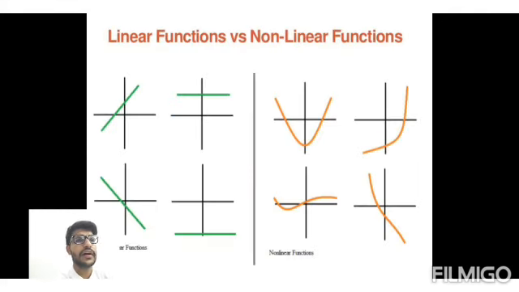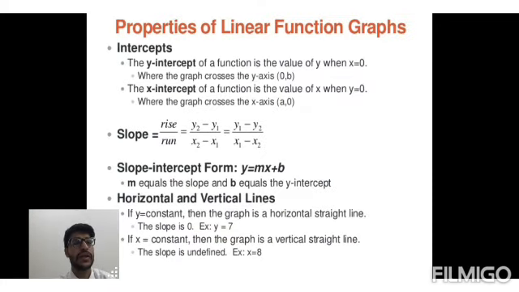Linear functions and non-linear functions. A linear function is shown by the green lines, which you can see in the positive horizontal and vertical directions, meaning the x-axis and y-axis. Properties of linear equation graphs: the y-intercept is the value of the function when x is equal to 0, where the graph crosses the y-axis.